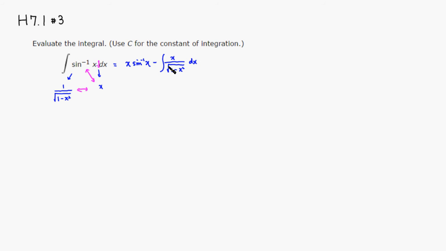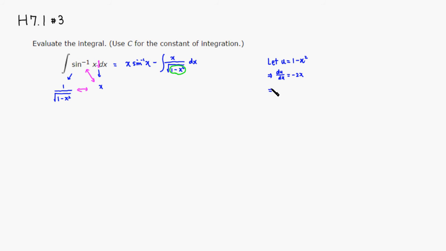To do this one, we can probably do a substitution. We're going to let u be 1 minus x squared. That's the expression inside the square root, right? Then we take the derivative, du over dx. That's going to give us negative 2x.